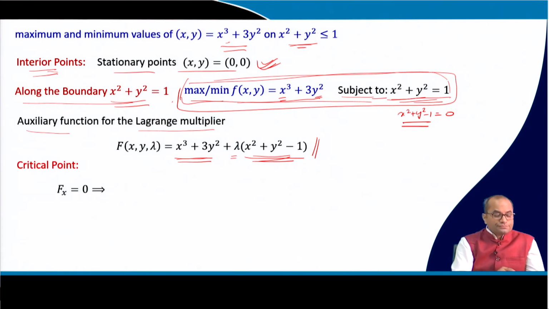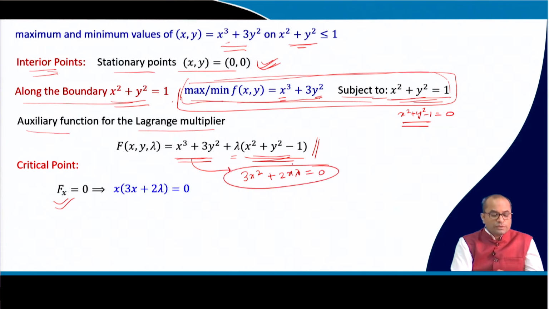That means we need to solve F_x is equal to 0, which from here we get 3x square plus 2x lambda is equal to 0. So, that will be the first equation. Here x we can take common, so we will have x times 3x plus 2 lambda is equal to 0.